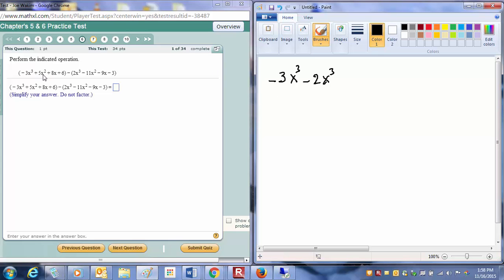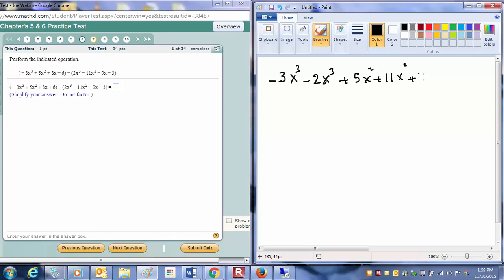Then you have 5x squared, and negative is positive, 5x squared plus 11x squared. And then here we have 8x minus negative 9. That would be a positive 9x plus 8x.